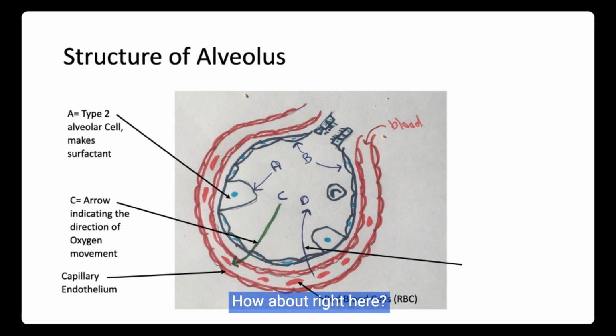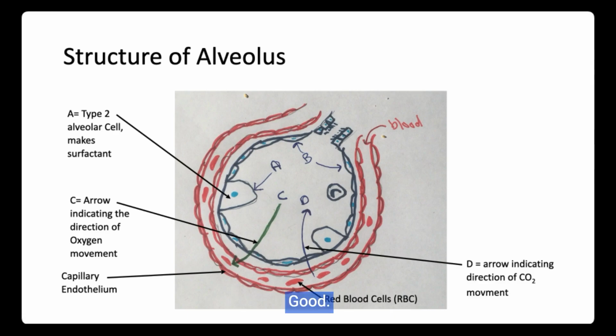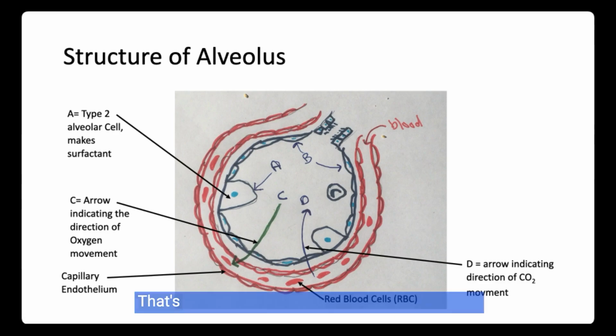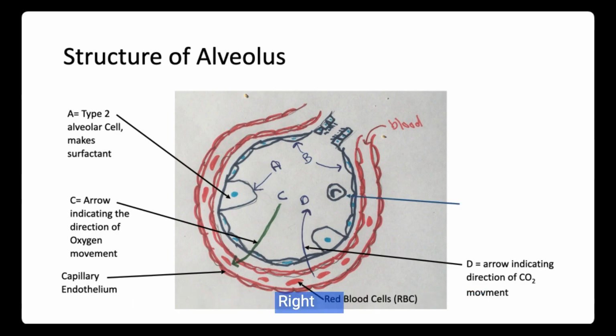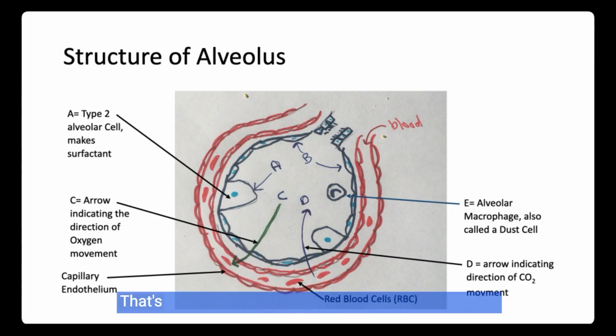How about right here? Good. That's indicating the direction of CO2 movements. How about here? Right on. That's an alveolar macrophage, also called a dust cell.